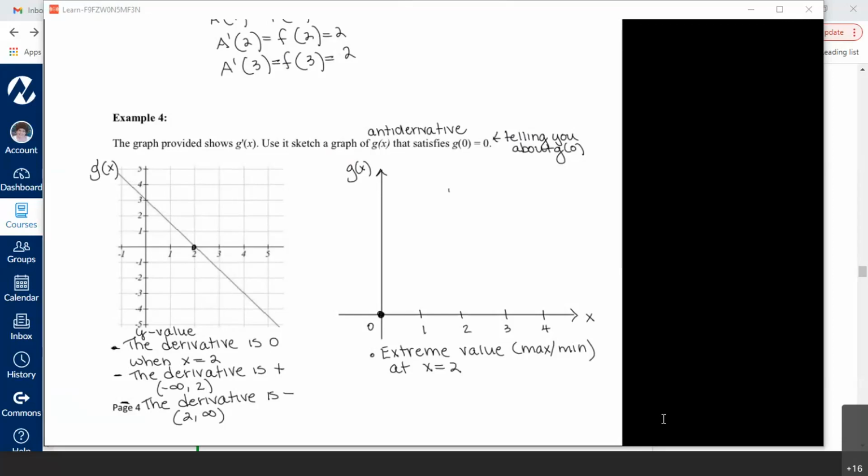So let me draw a dotted line at 2 because 2 is obviously something important. So we're saying the function is going to be increasing on this interval, because my derivative has a positive sign. And because the derivative has a negative sign, it's decreasing on the other side.